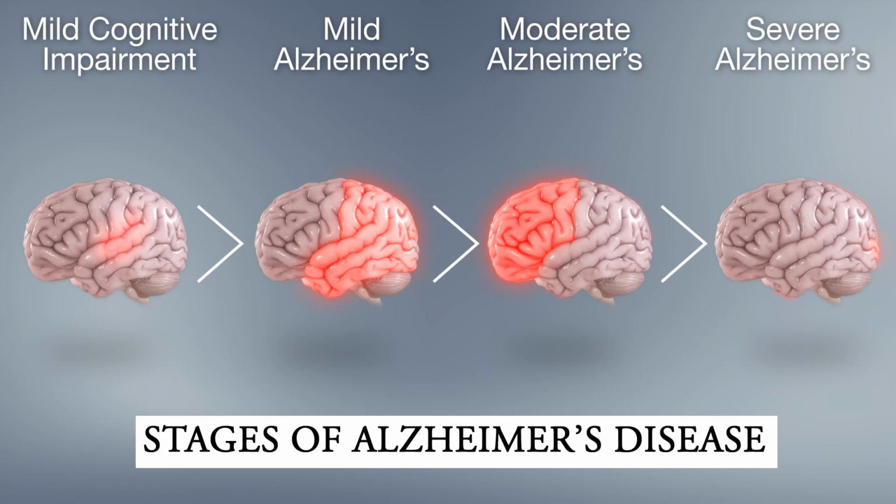And under severe Alzheimer's, which is the later stage of the disease, patients lose their ability to communicate, and they can occasionally say words or phrases, and they require daily assistance for personal care.